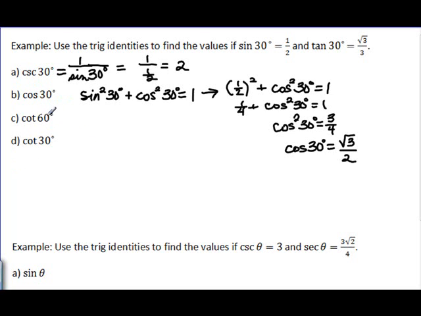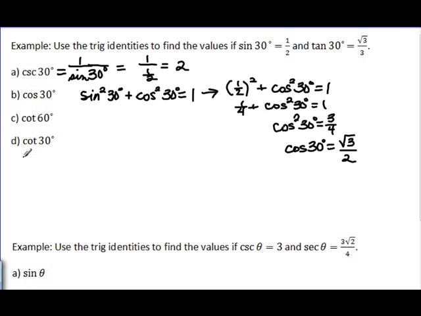It's the reciprocal of tangent, which is going to be, if tangent is sine over cosine, then cotangent would be cosine of... I'm sorry, not 30. Let's back up. In fact, we can do the last one. I probably should have put these in the other order. Let's do cotangent of 30 degrees first, and then we'll go back to cotangent of 60 degrees.